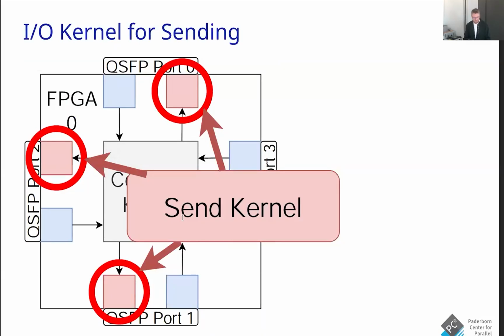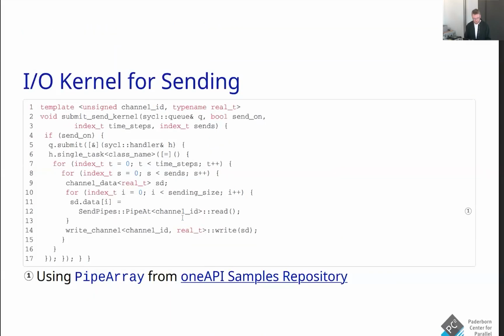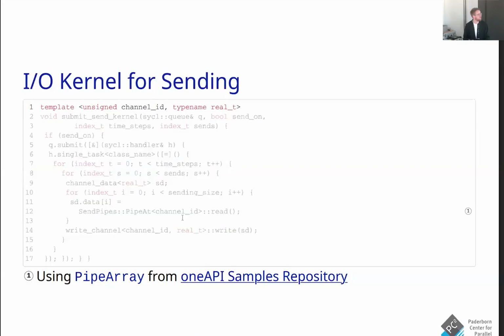Looking now at the send kernel. So they are instantiated for each port. So this channel ID goes from 0 to 3. And if we have a neighbor in this direction, we send in each time step for sends many times, as we have computed it before.